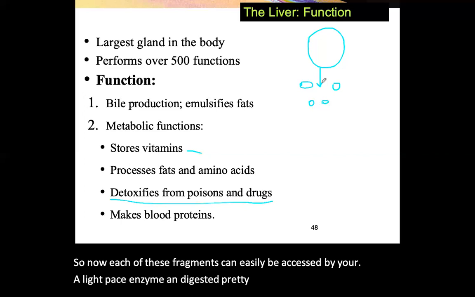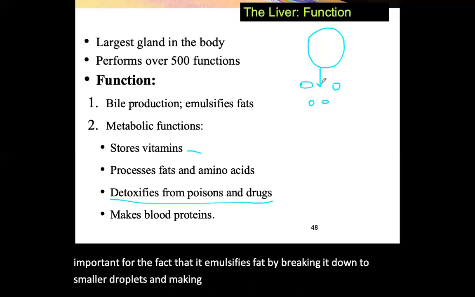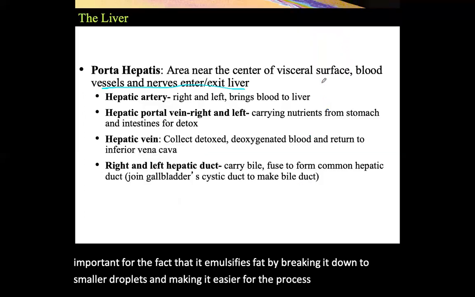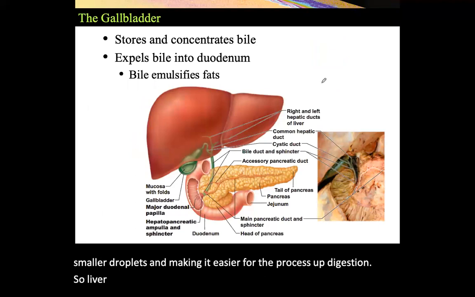So bile is extremely important for the fact that it emulsifies fat by breaking it down to smaller droplets and making it easier for the process of digestion. So liver is responsible for production of bile in terms of digestive system.